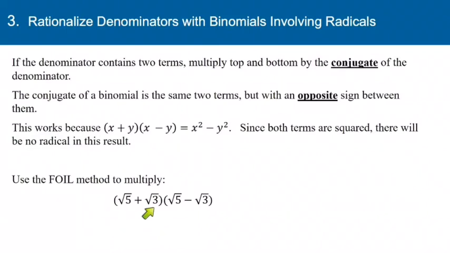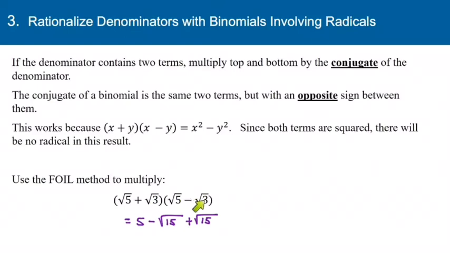We have square root of 5 plus square root of 3 times square root of 5 minus square root of 3. Now first times first is square root of 5 times square root of 5, so that's just 5. Outer times outer would be minus square root of 3 times 5, which is 15, so minus square root of 15. Inner times inner would be plus square root of 3 times 5, so that's plus square root of 15.